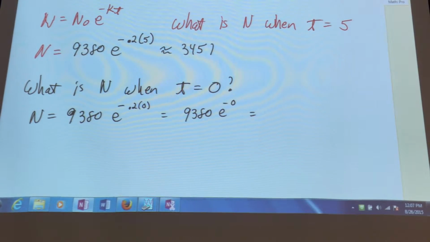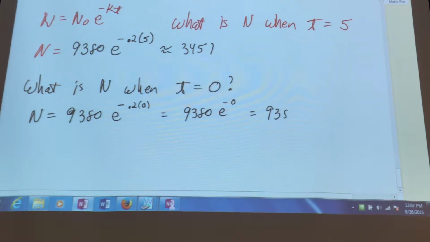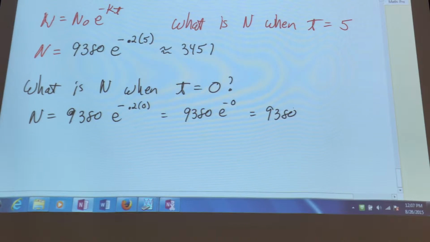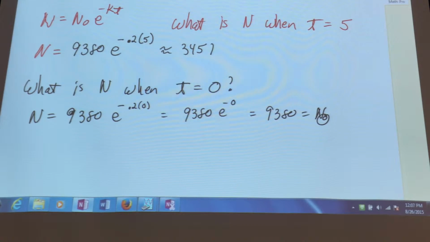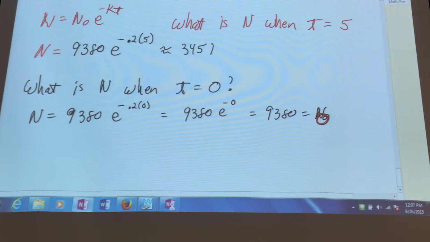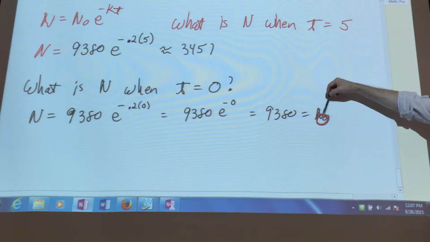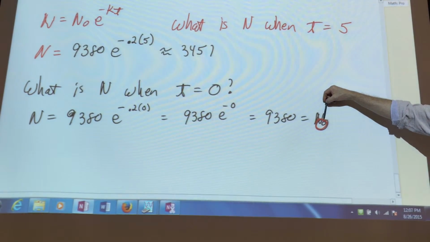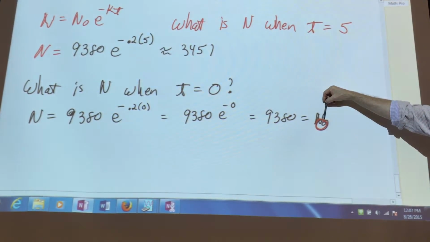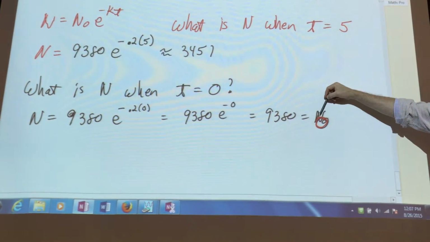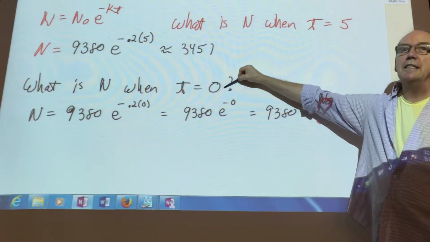And so, of course, you get 9,380. And what I'm also hoping that you recognize is why that character has that 0 there. We write this as n0. Why is it n0? Because that's what it is when t equals 0.